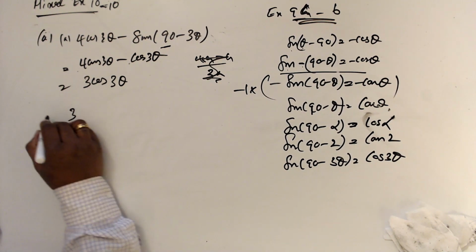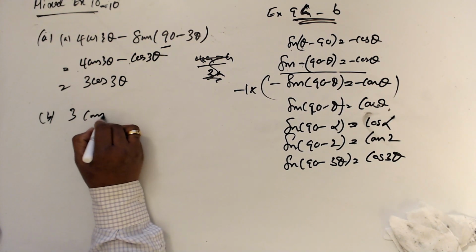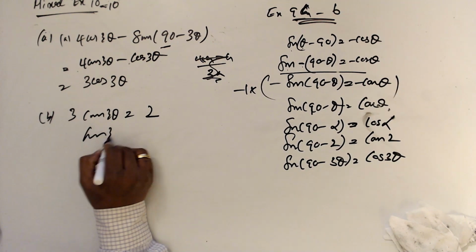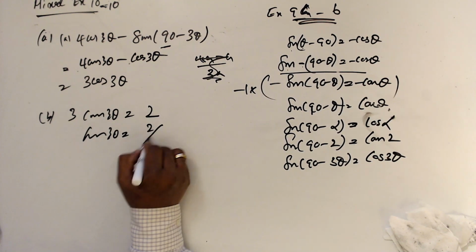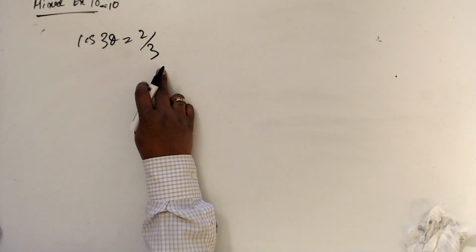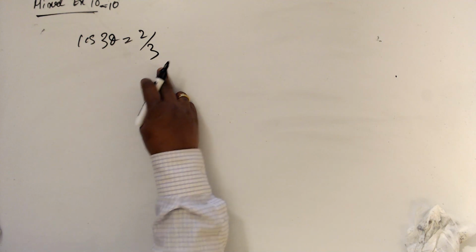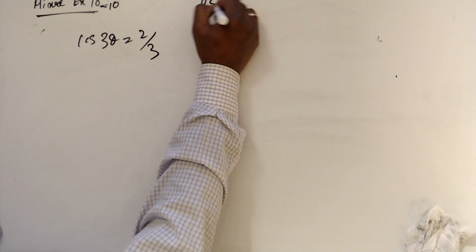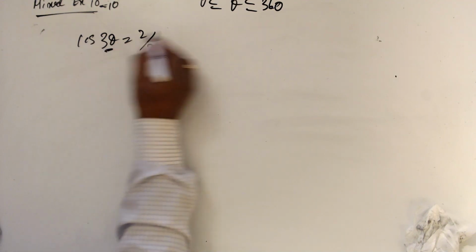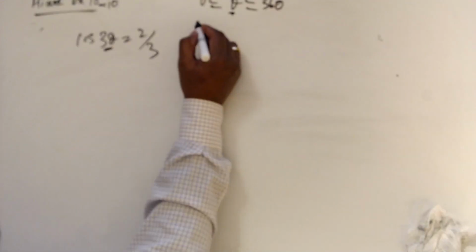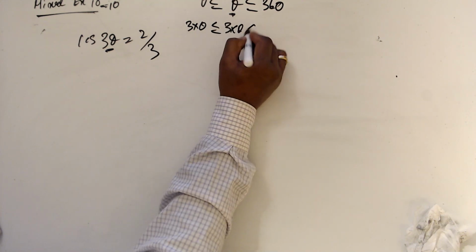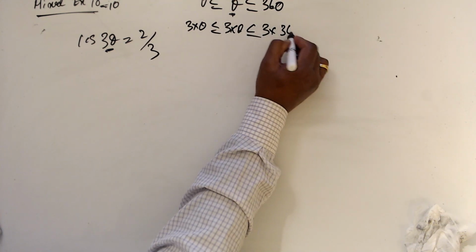Now part B: 3 cos 3 theta equals 2, so cos 3 theta equals 2 over 3. This is a normal sum again, with theta between 0 and 360. The interval is different, so multiply by 3: 3 times 0, 3 times theta, 3 times 360.